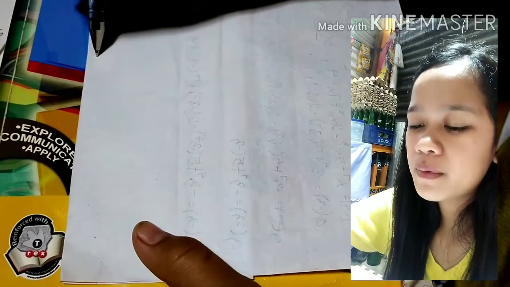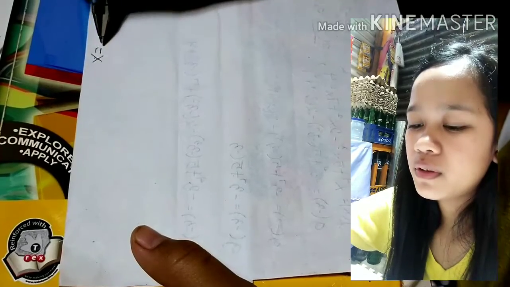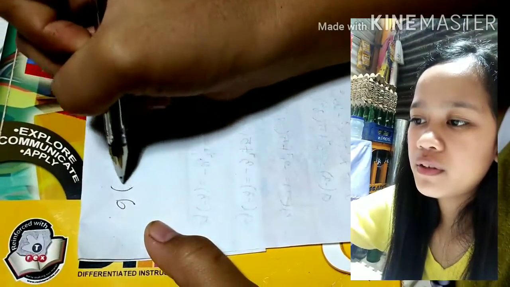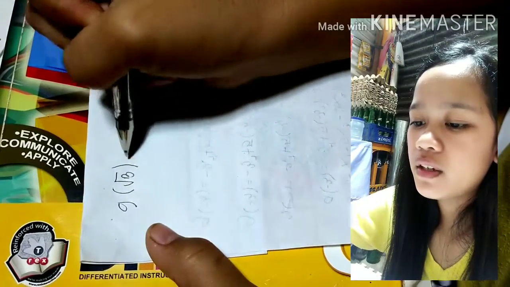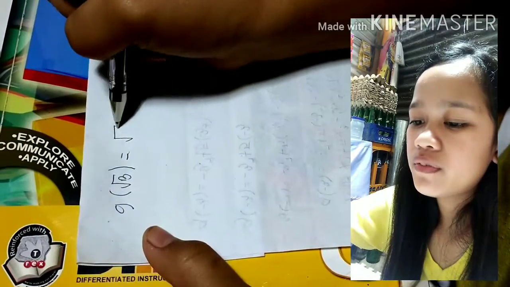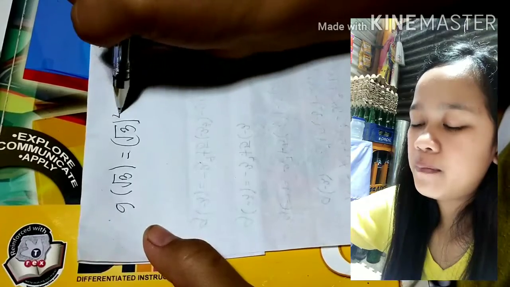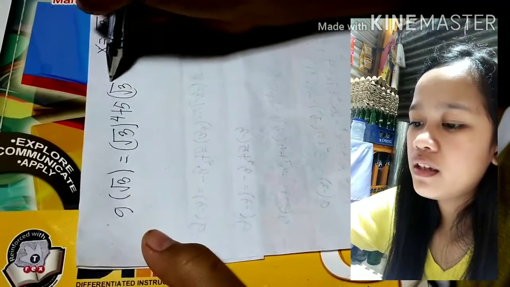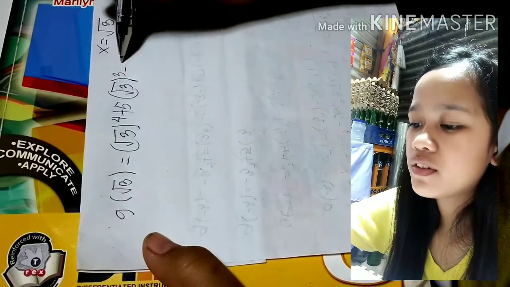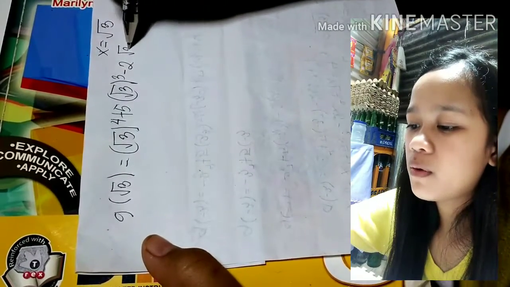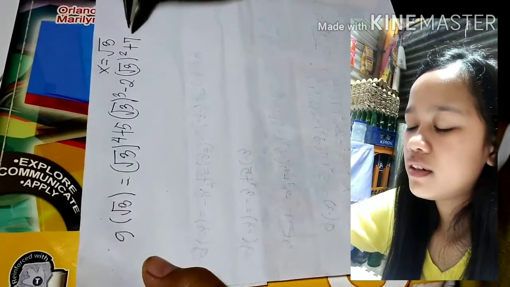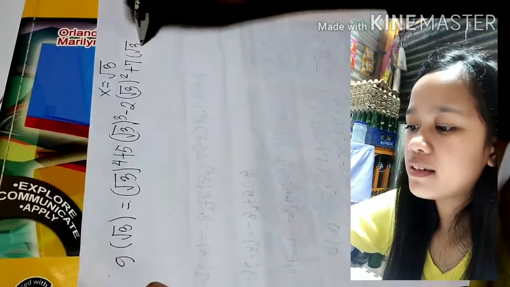So we're going to substitute the value of x with square root of 3. So g of square root of 3 equals square root of 3 quantity raised to 4 plus 5 square root of 3 quantity cubed minus 2 square root of 3 quantity squared plus 7 square root of 3 plus 4.